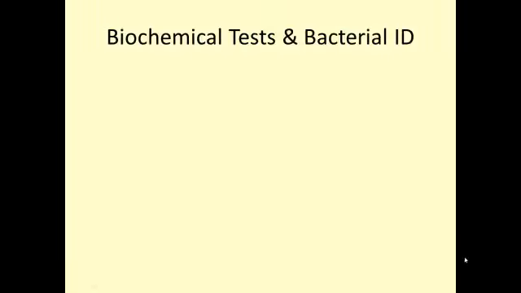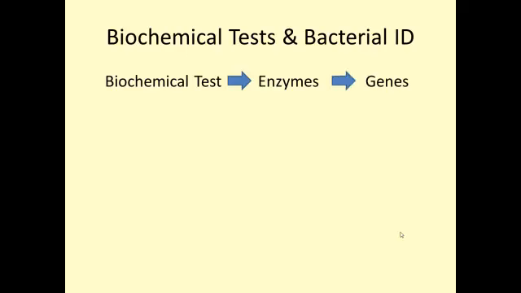Now, back before we had DNA technology, to identify bacteria, we would use biochemical tests. In fact, we still do. We prefer DNA methods, but we still use biochemical tests to determine the ID of the bacteria, because the biochemical test tells us what enzymes the organism has. Once we know what enzymes it has, then we know what genes it has.